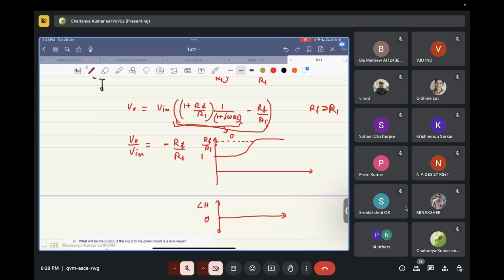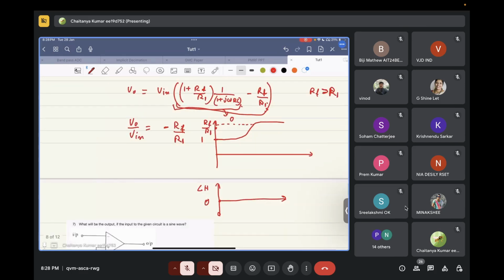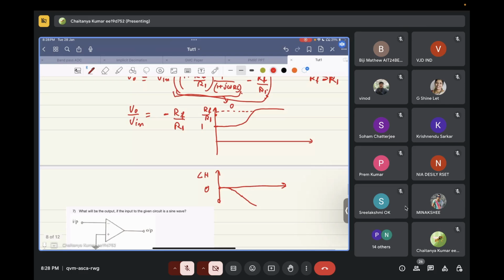Then as omega starts increasing, our phase will start to drop initially, and then it will finally come to minus pi.